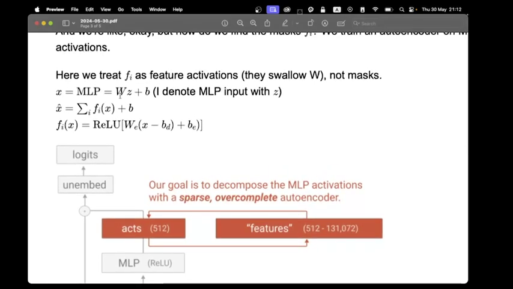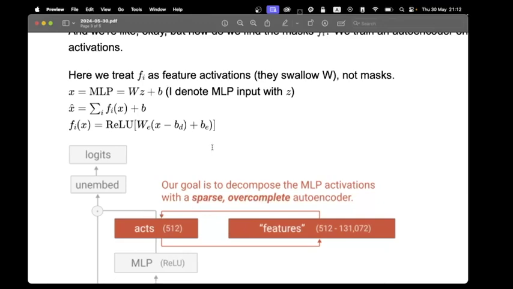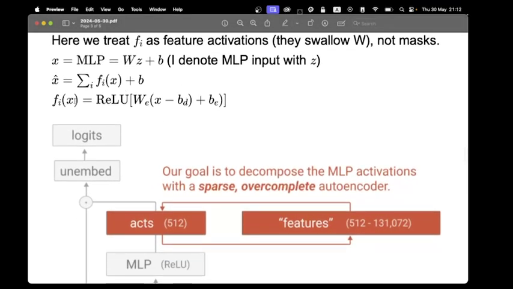This model is going to be designed in a very special way. It's going to be an autoencoder. This is how we operationalize a feature as something learned by the autoencoder.